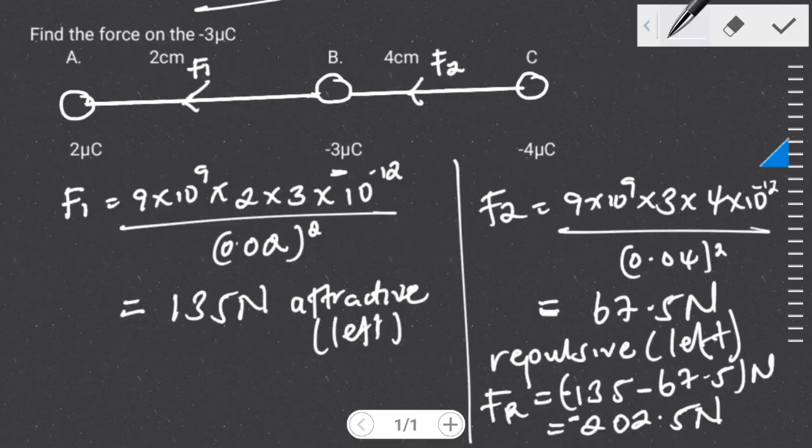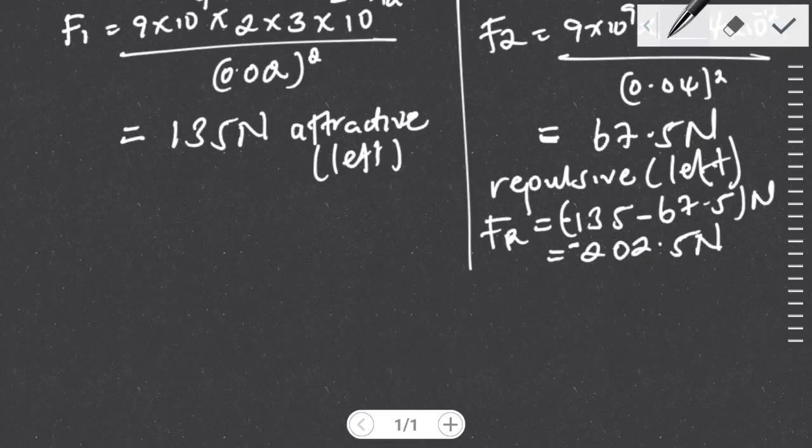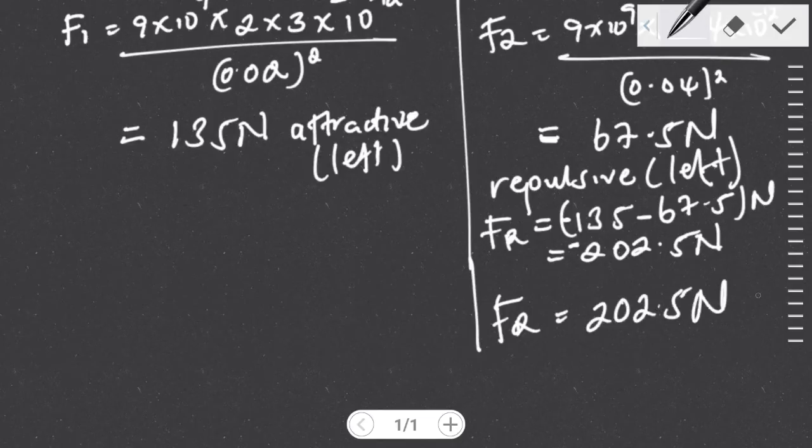yes. But since here we take magnitudes, the resultant force would be equal to 202.5 newtons, and you give the direction, which in this case would be left, or you could say eastwards.